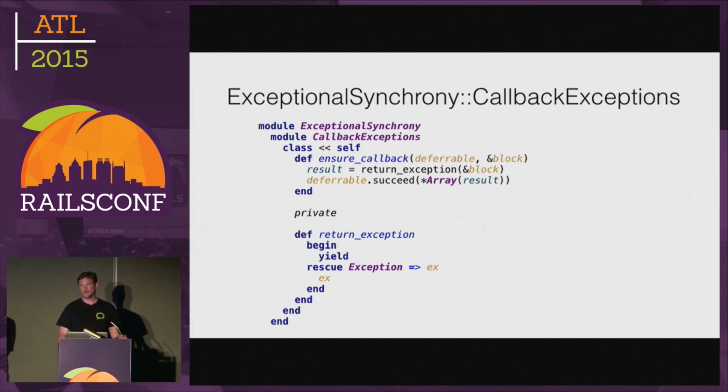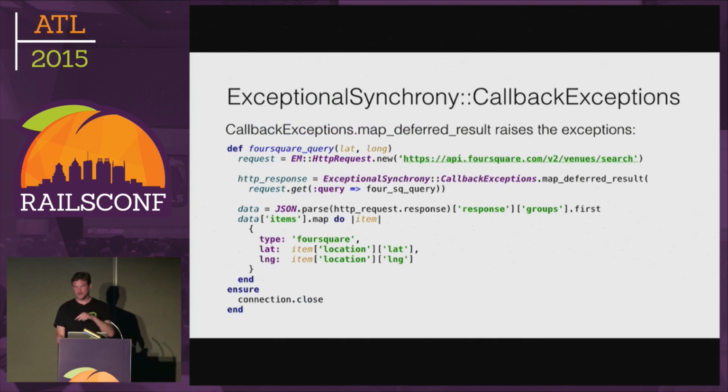And that's what we send across. So we call it a success in all cases. It doesn't really matter because you're going to pop right out. On the other side, where we have a layer, this fairly clumsy long name here, map deferred result, it takes those results and knows how to check them. And if they respond to is exception, it will raise them back.